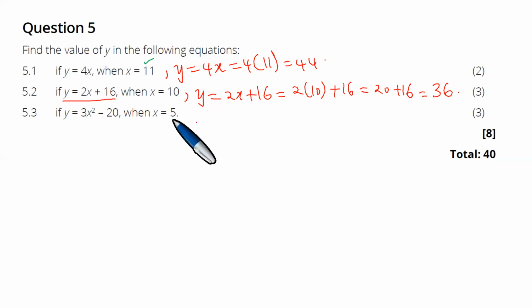Right, so if you look at this one here, you have y equals... Let me give you 3 minutes to try that one, then we do it together. It's a worksheet, so I'm expecting to work with you. That's the reason why we call these worksheets, because we need to work together.